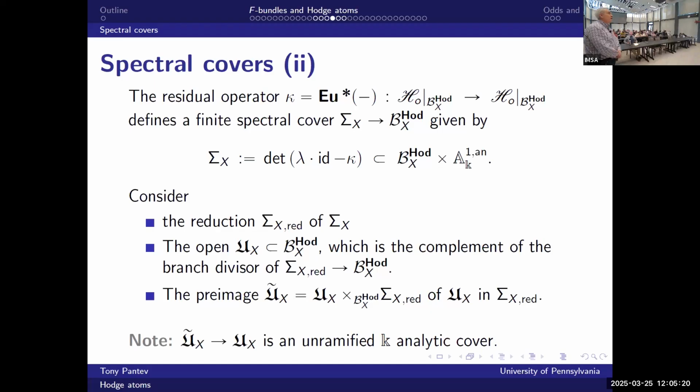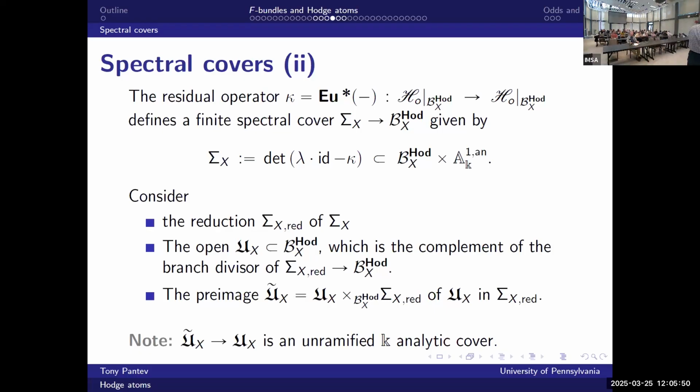So you can take the spectral cover corresponding to that endomorphism, just the analytic subvariety given by the determinant of lambda minus kappa. That spectral cover will be very nasty, and in general highly non-reduced. So the first step is to reduce it. Look at the reduced spectrum.